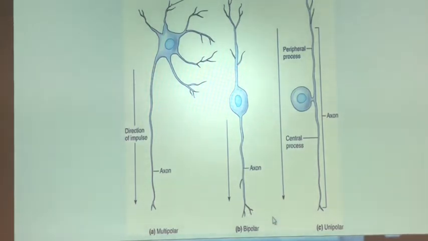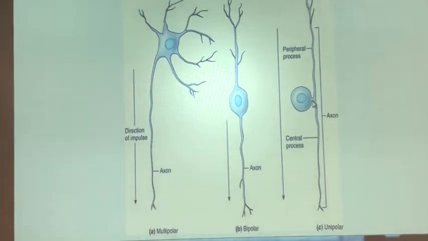A really good example of bipolar neurons are the rods and cones of the retinal cells. Dendrites are towards the cell body. We'll process that information, then send a nerve impulse down the axon.